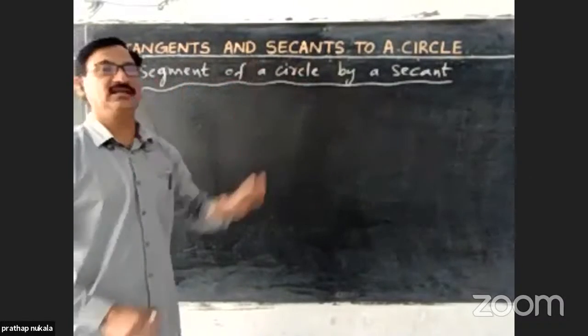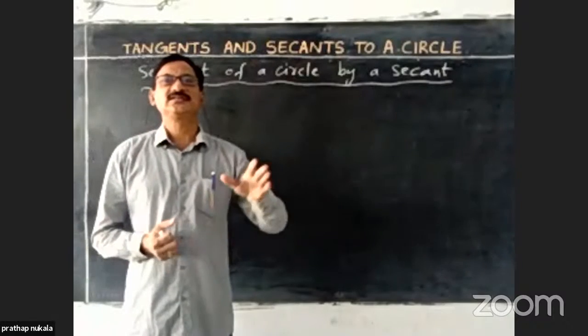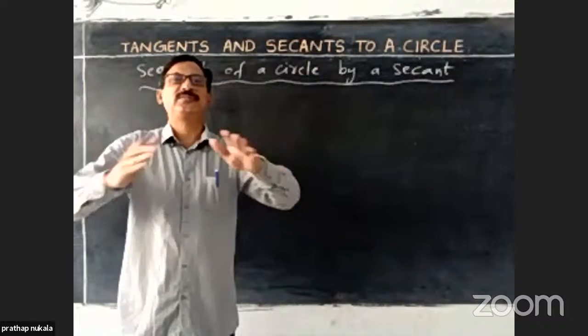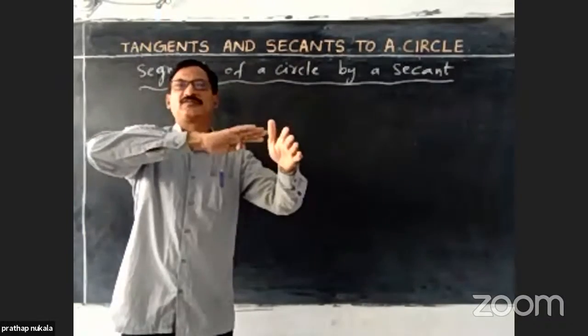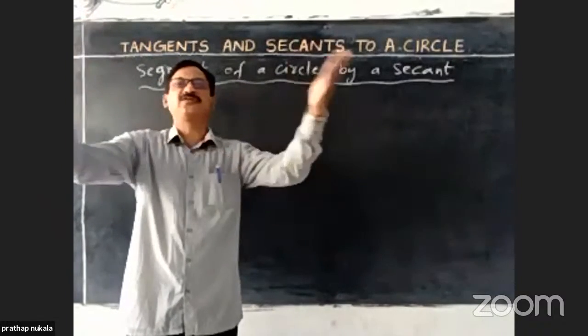What is a segment of a circle? For example, if we cut an apple fruit by a knife, whatever the portion, the apple can be divided into two parts.